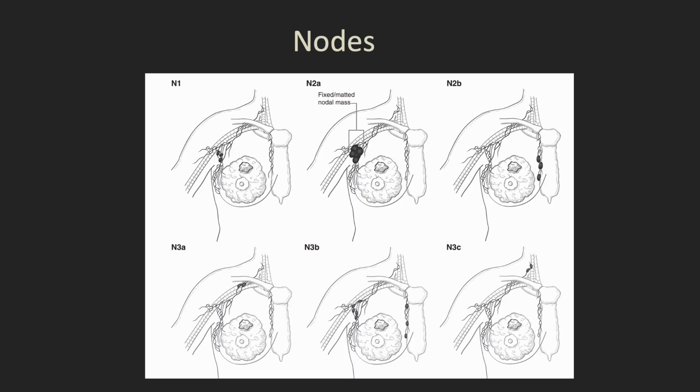If you remember from the earlier TNM staging slide, nodal levels are divided into N1, N2, and N3 clinical nodal categories. These are further subdivided, as you can see here.